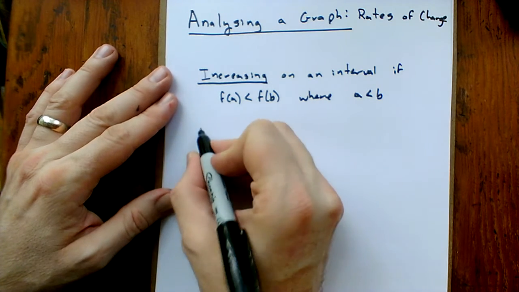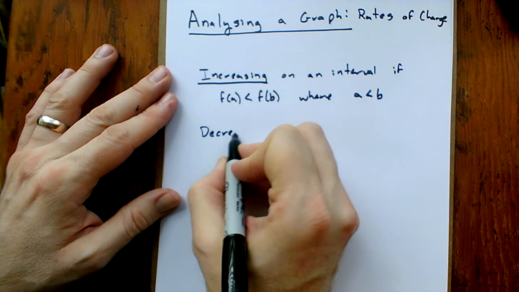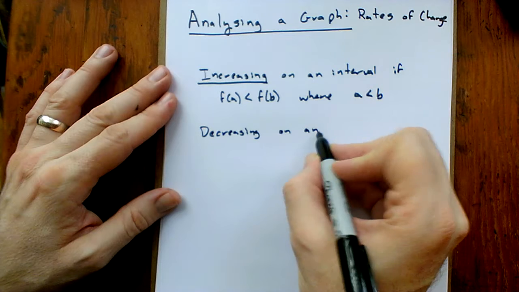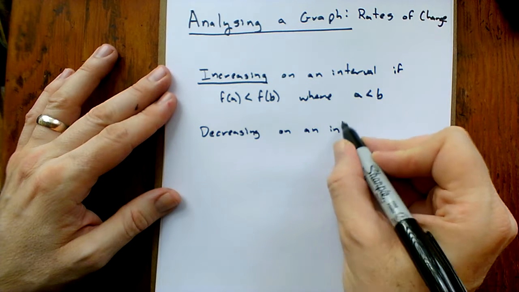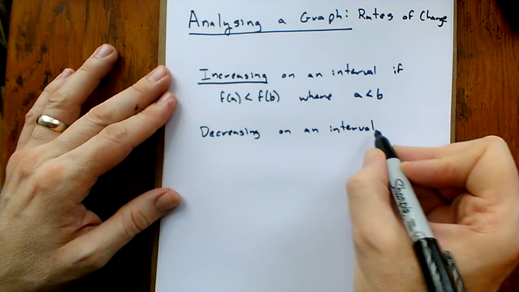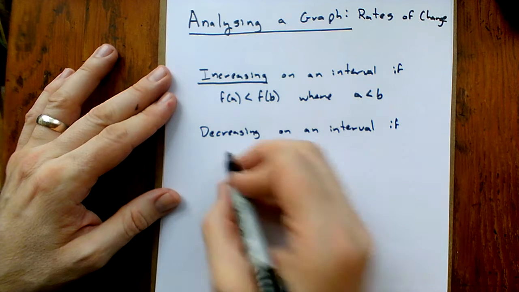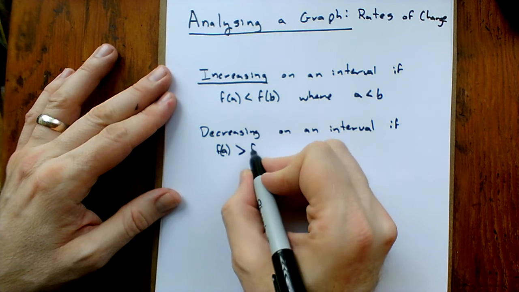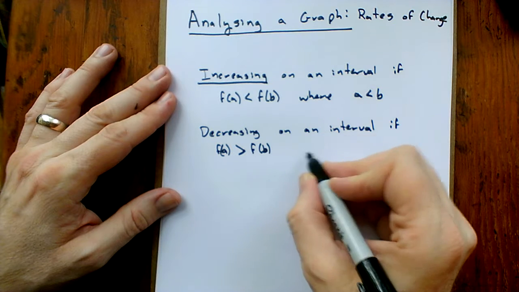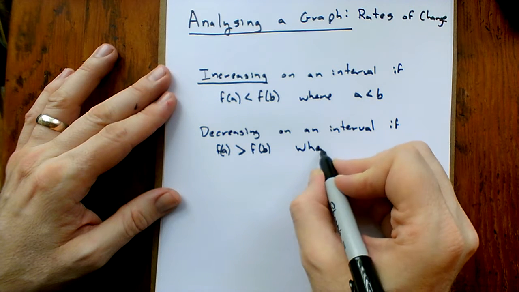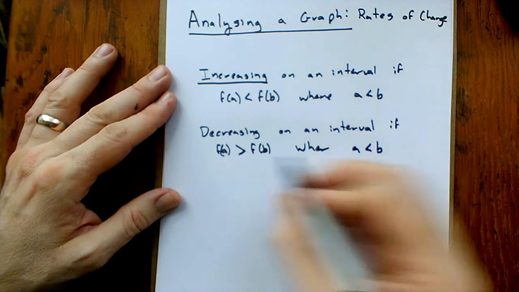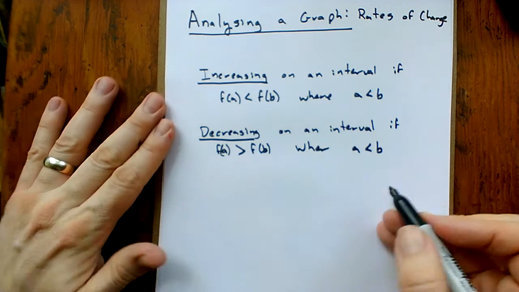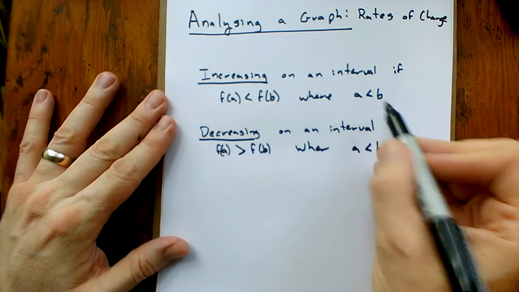I could say something is decreasing on an interval if f of a is greater than f of b, but this is again where a is less than b. So notice that we're consistently choosing a smaller than b. So we're looking at our x-axis from the left to the right.